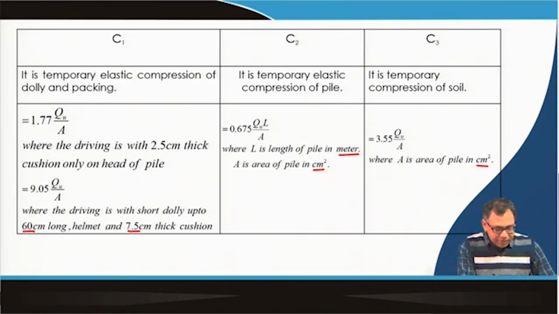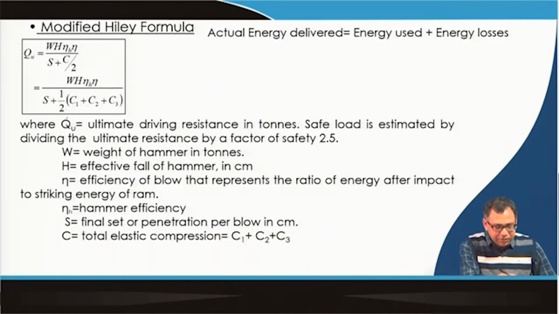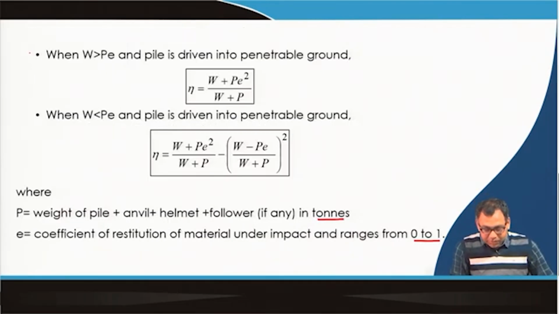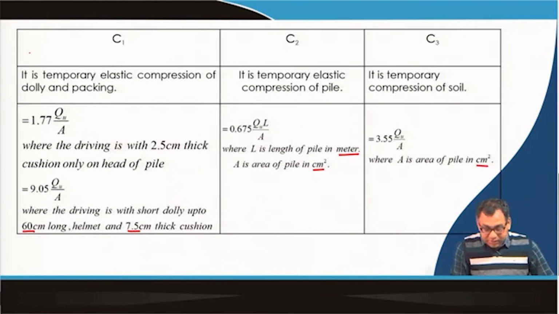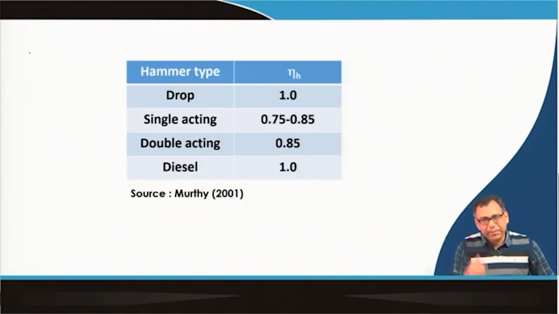And remember that when you apply, there is a QU on both sides, and you have to calculate the QU. So, this will be a trial and error process by which we can determine the QU. Once you calculate the QU, then you apply the factor of safety of 2.5, and you will get the allowable load carrying capacity of the pile.